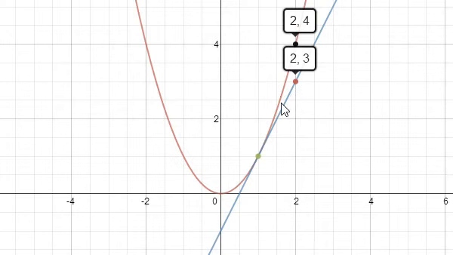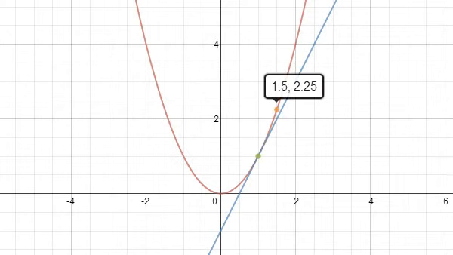But as you see, as we get closer and closer, as our delta x here gets smaller and we get closer and closer to this point here, the difference in the y values is going to become smaller. So let's look at another one. We'll turn those off, and let's look at another one here.